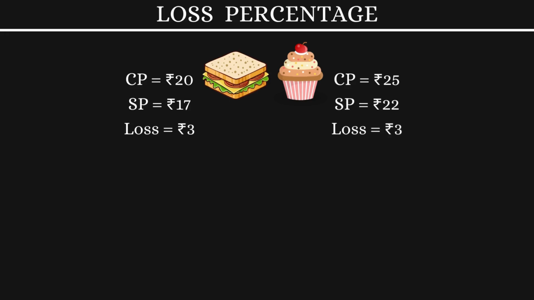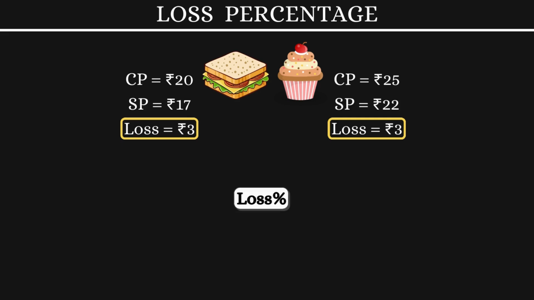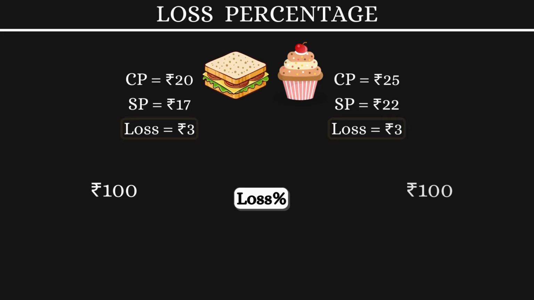In both these cases, the loss is the same. But now we are more concerned about the loss percentage. Since percent is for 100, we'll consider that the shopkeeper had spent rupees 100 for the sandwiches and rupees 100 for the cupcakes.